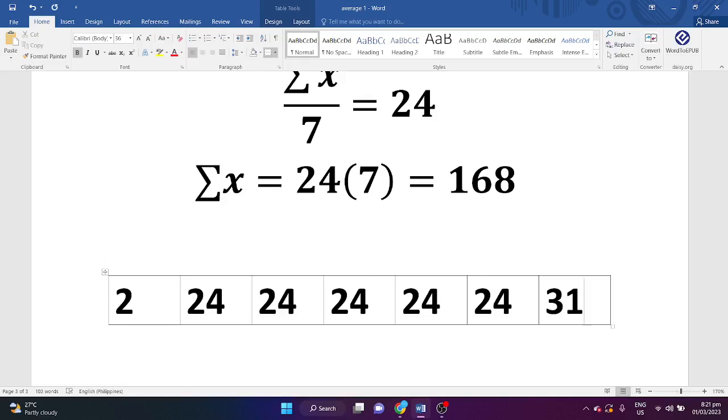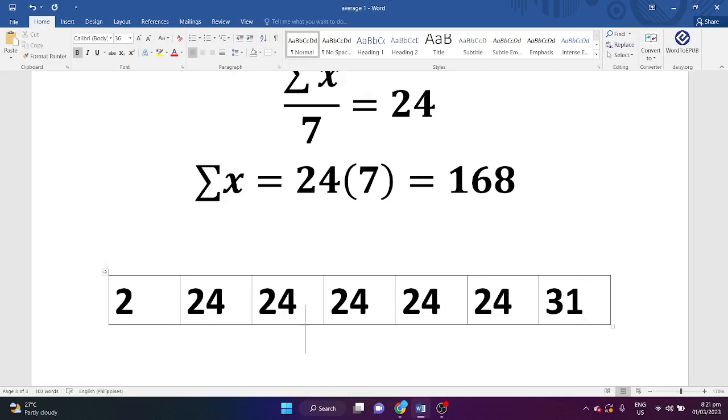Now what can we do after having this bar model? We can do the adjustment. Okay, so how do we adjust this model?